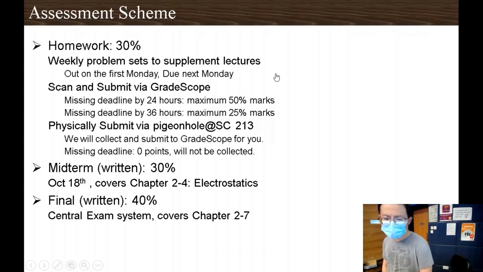If you miss the deadline by 24 hours, you can only get 50% of the maximum mark. So say that you score 60%, what you will get is 50% if you miss the deadline by 24 hours. If you miss the deadline by another 12 hours, the maximum will be 25% only. And you don't get any after 36 hours.